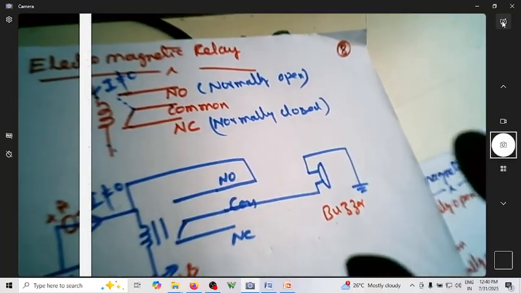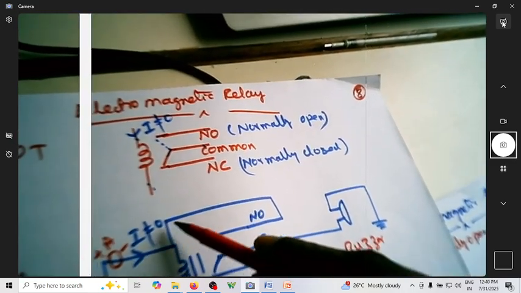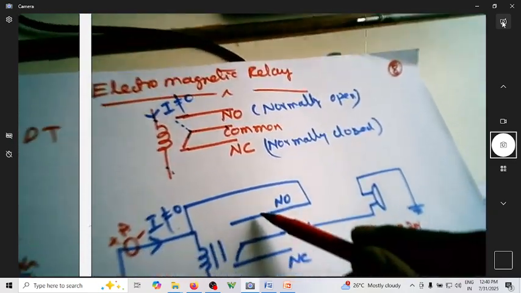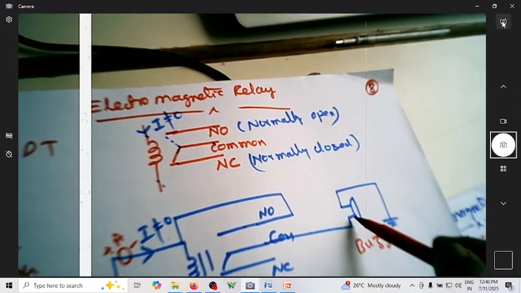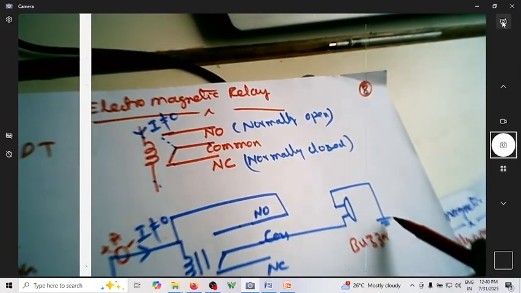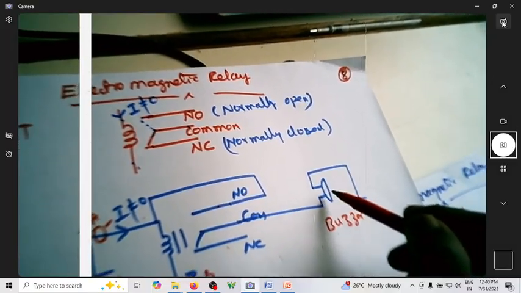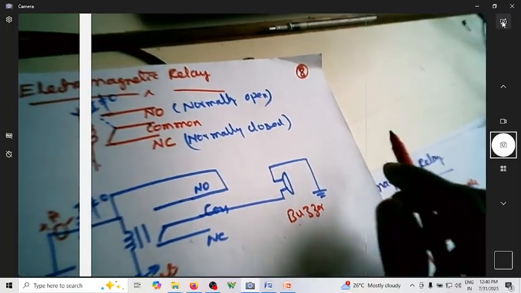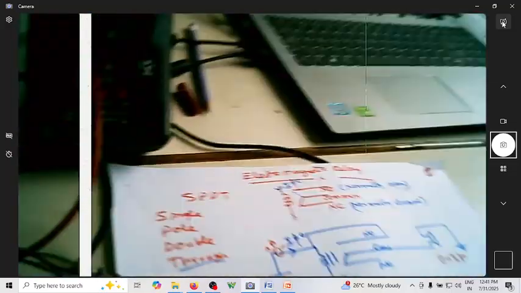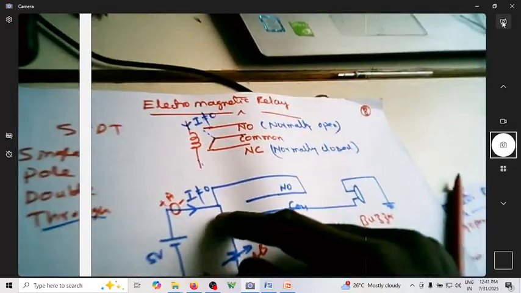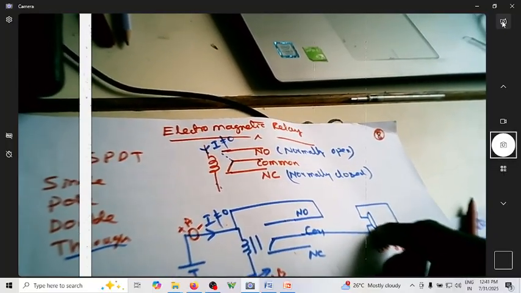Under normal condition, 5 volt is connected to NO, and the common is connected to one end of the buzzer, the other end is connected to ground. So no current is flowing through the buzzer, and it is quiet. When no current flows through the coil, the common and NC are shorted, so the buzzer is quiet.